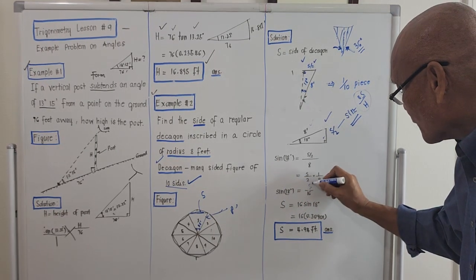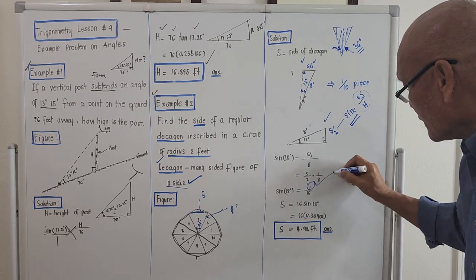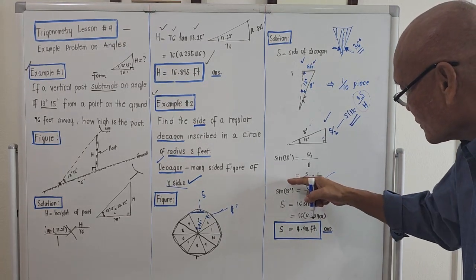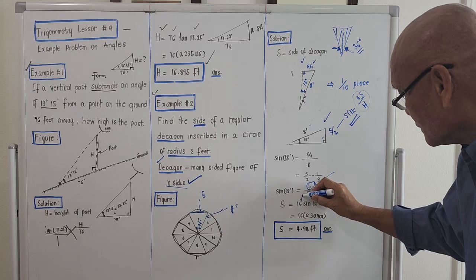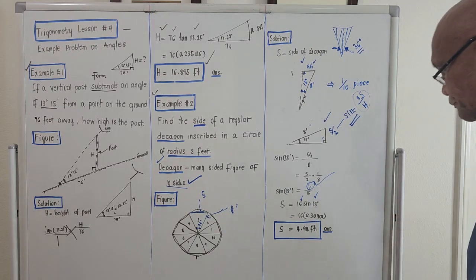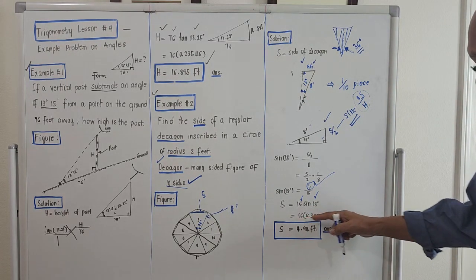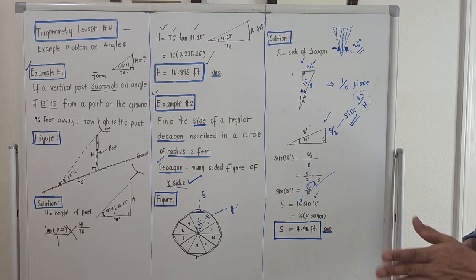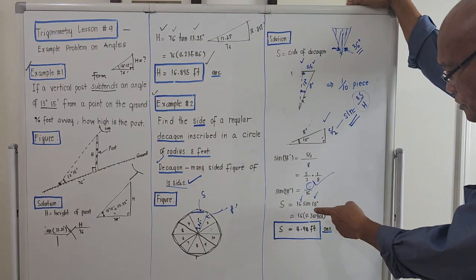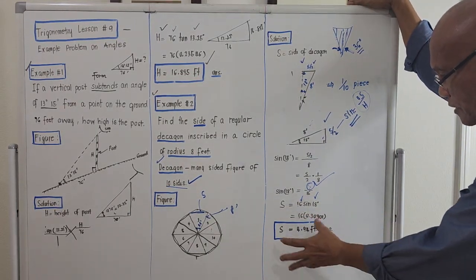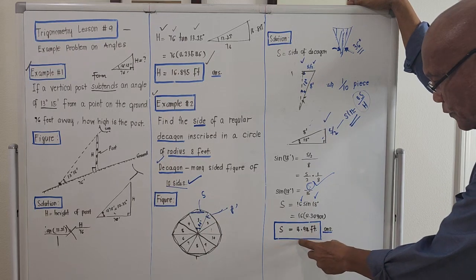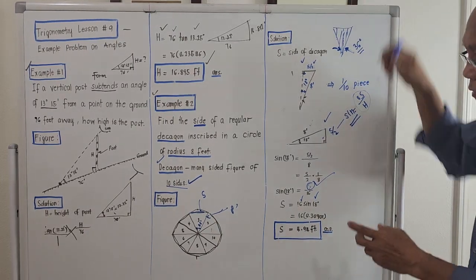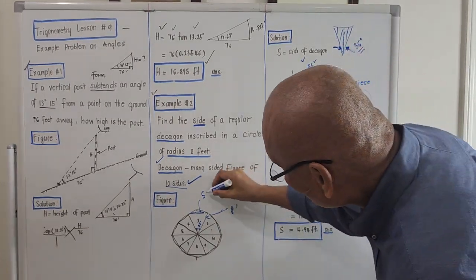So solving for s, it will be 16 times sine of 18 degrees. 16 times 0.30901. Sine of 18 degrees is a value less than 1. And the value of s will be 4.94. So this side here is 4.94 feet.